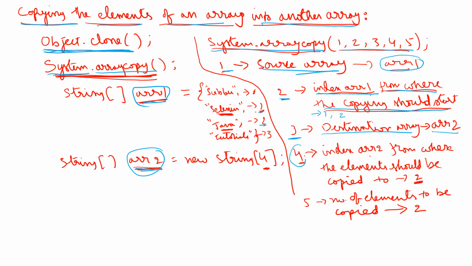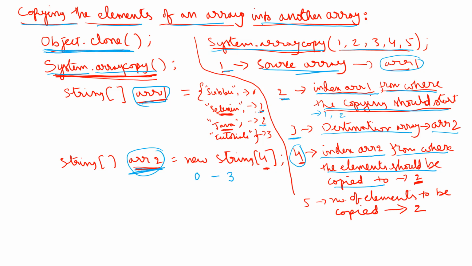The fourth argument is the index in the destination array from where the elements should be copied to. Let's say in the destination array, I don't want the copying to start from the 0th index, that means the first element. I want the copying to start from the third element.